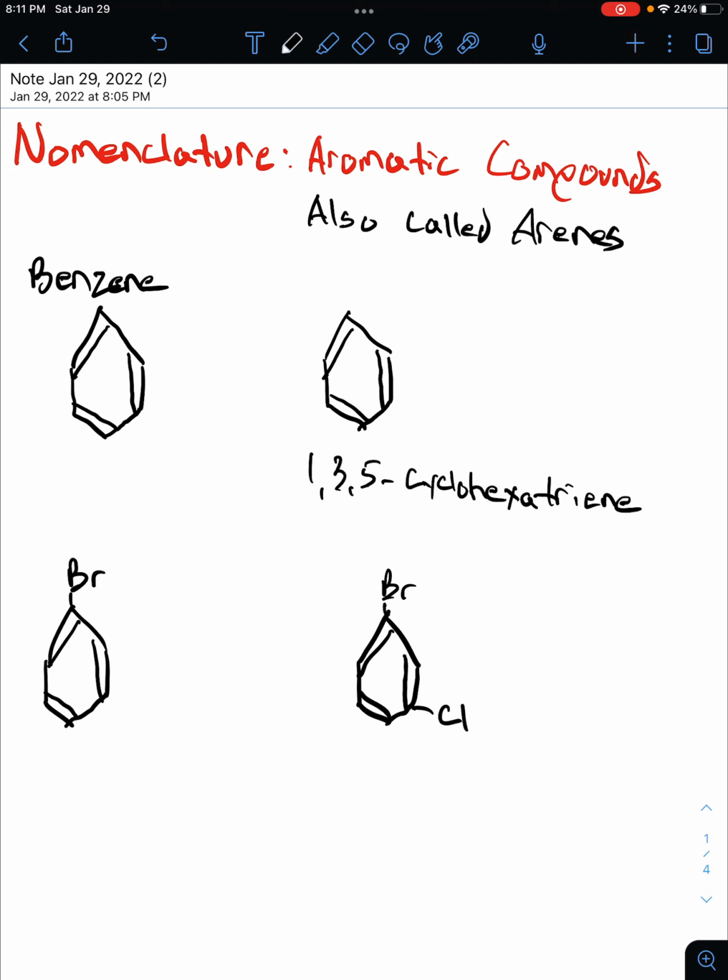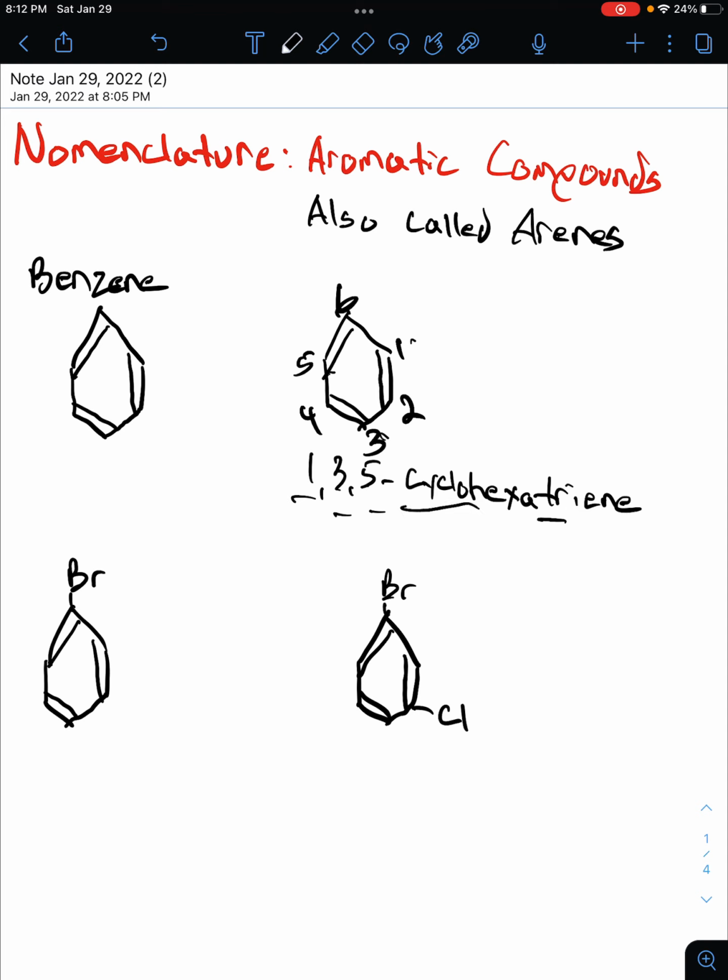But benzene is simply a cyclo compound with three double bonds. And if you were to name this in your organic chemistry 1 class, you would be tempted to name this 1,3,5-cyclohexatriene. It has 3 double bonds, which gives it the tri, and they're at the 1, 3, and the 5 position. So you would name this 1, 2, 3, 4, 5, 6, and you've got a double bond at the 1, at the 3, and at the 5 position.